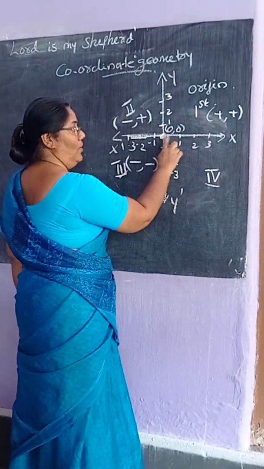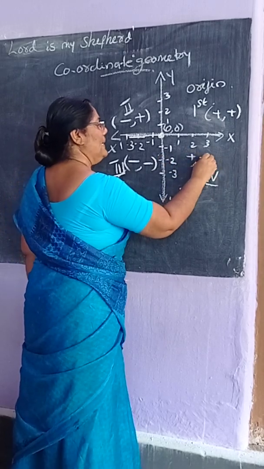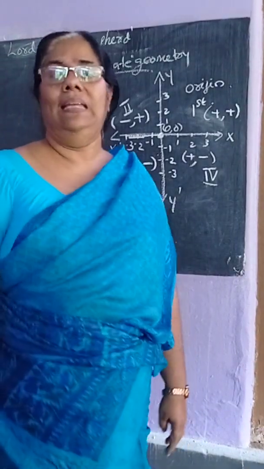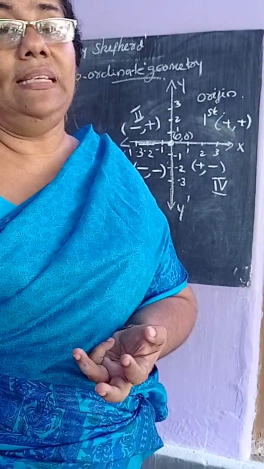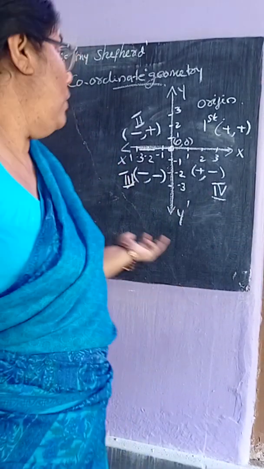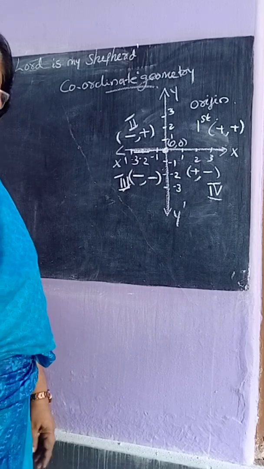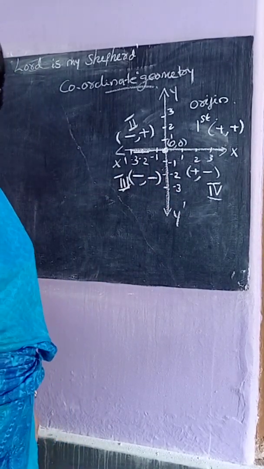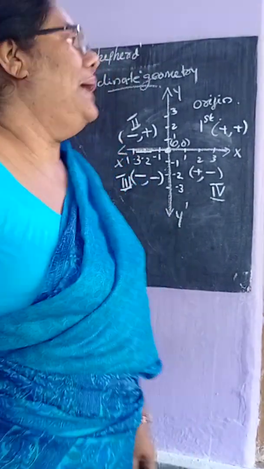In the fourth quadrant, x is positive and y is negative. Study this. In the first quadrant, both the coordinates are positive. In the second quadrant, minus plus. In the third quadrant, both the coordinates are negative. And in the fourth quadrant, the first one is plus and the second one is minus.